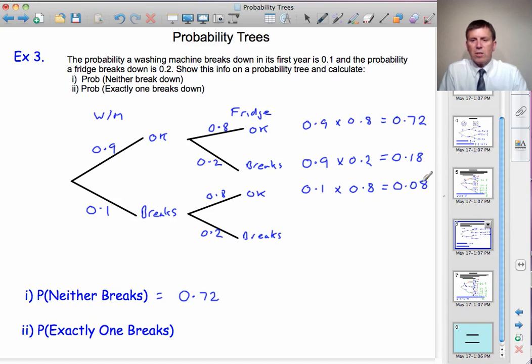And I just need to add these two together. This is 0.18 plus 0.08, which comes to 0.26. Remember, we always multiply going down the branches, then if we're collecting probabilities together, we add them.